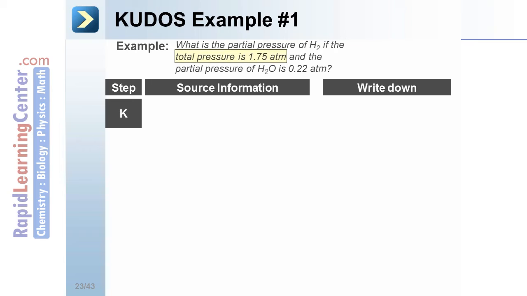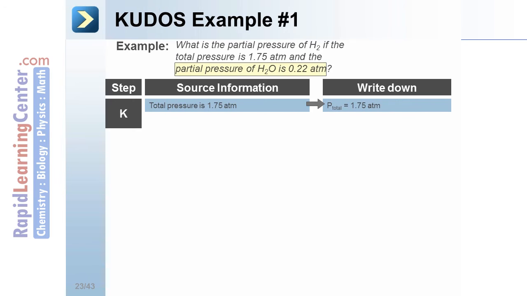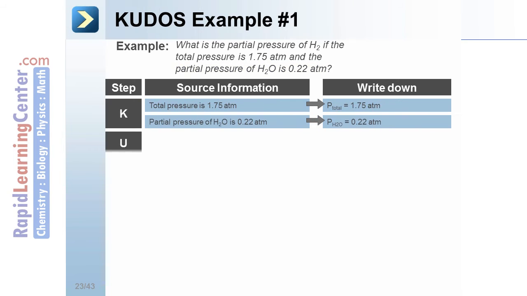Step K. Identify the known. This problem has two pieces of known information. Step U. Identify the unknown.